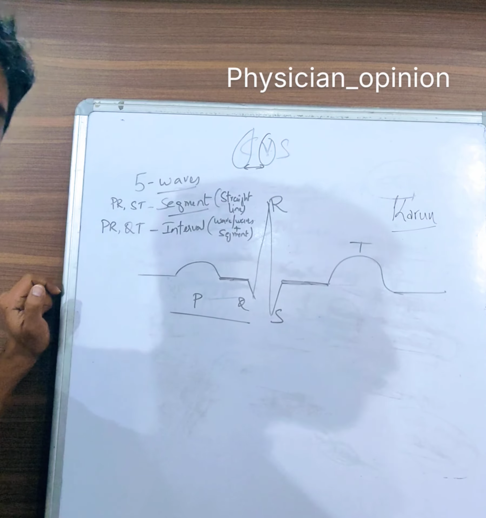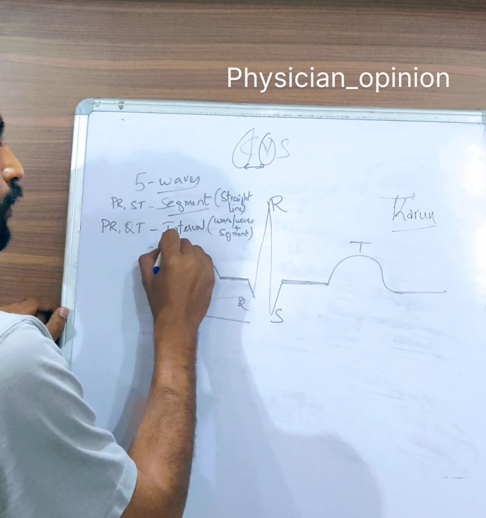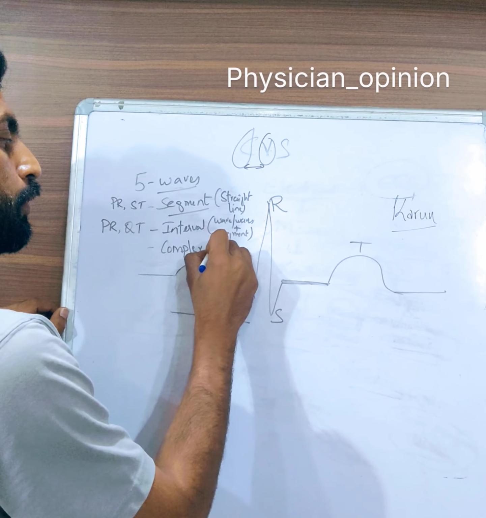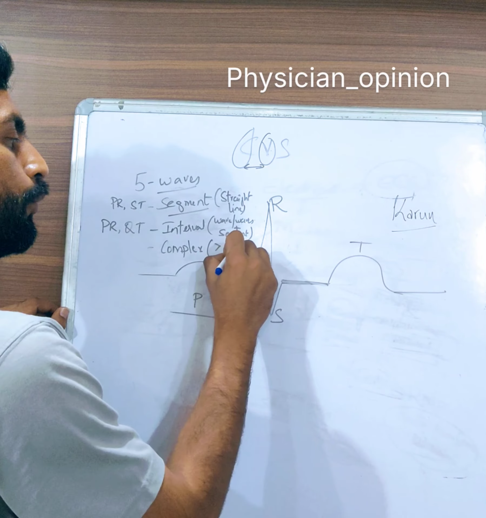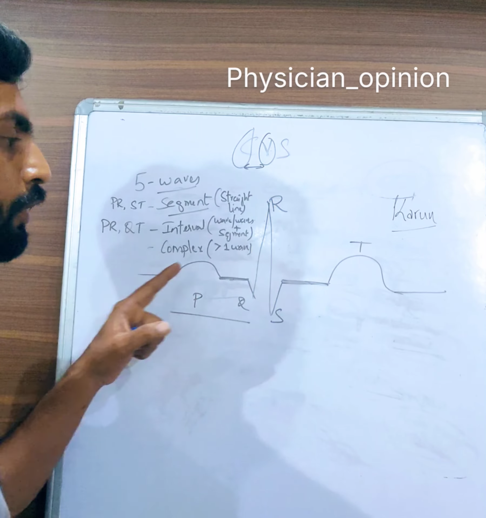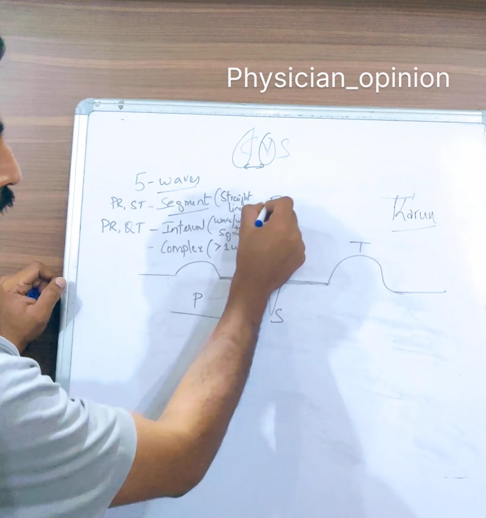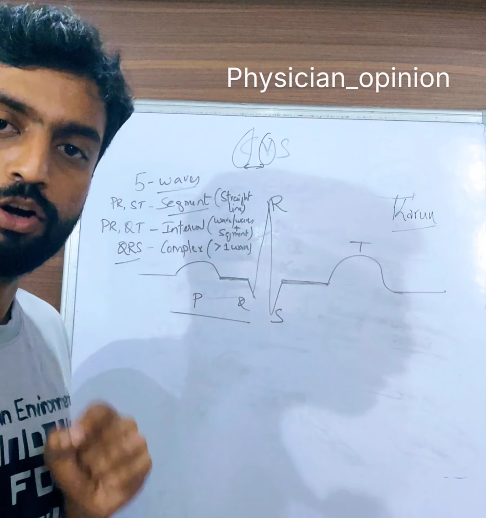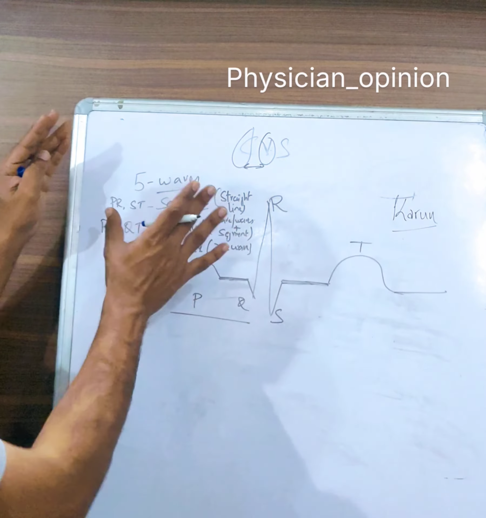And there is something called a complex. A complex is more than one wave. QRS is a complex. So this much we should know.